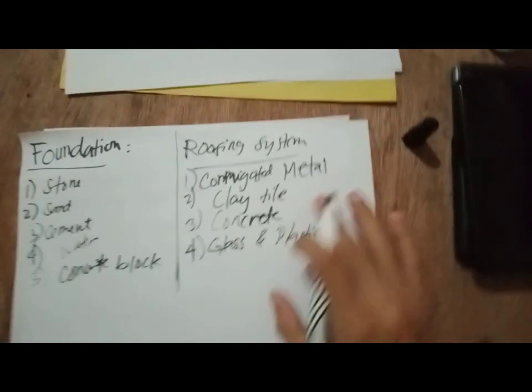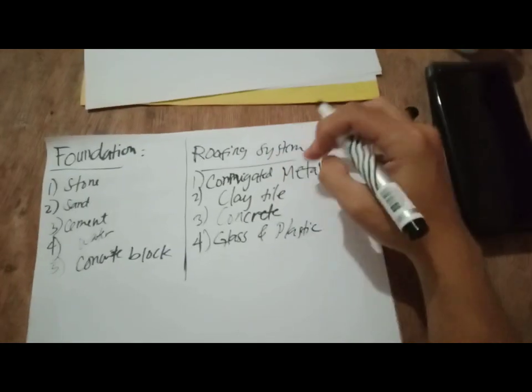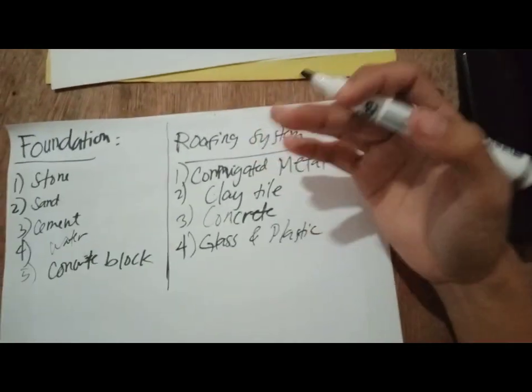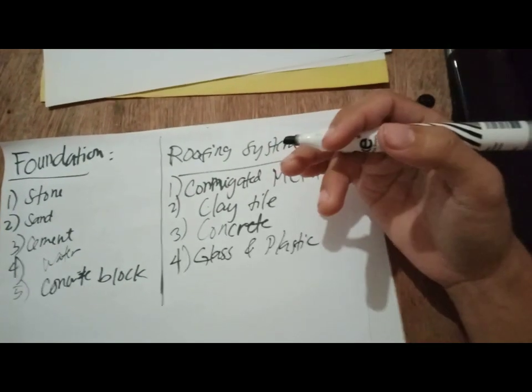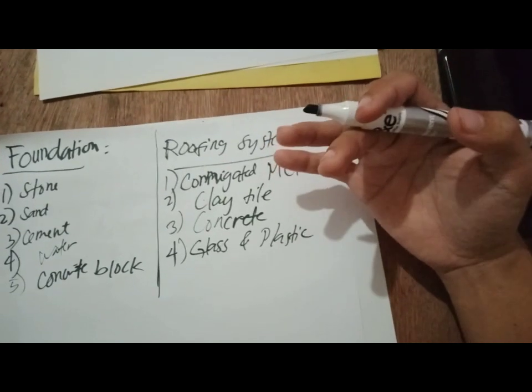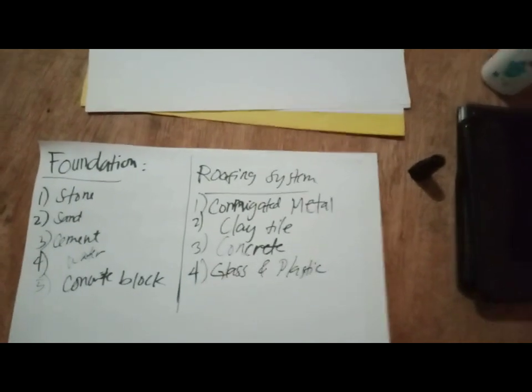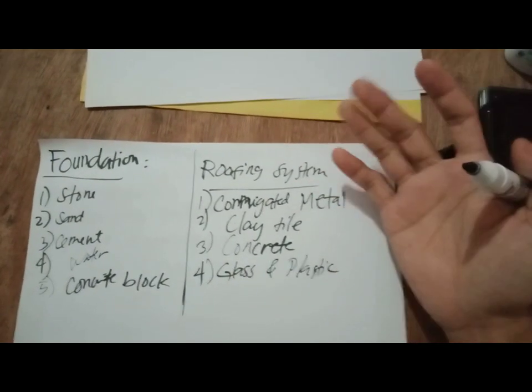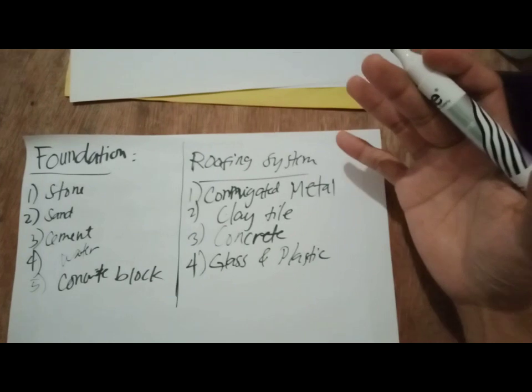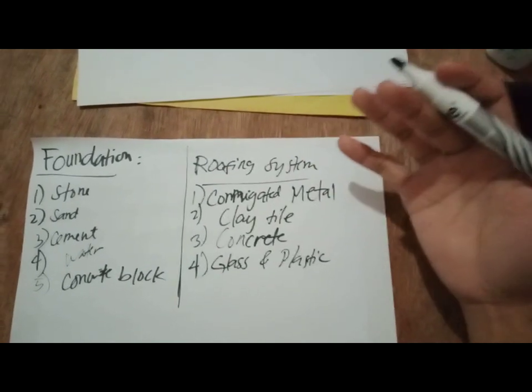So, corrugated metal and clay tiles. Actually, clay tiles also use the corrugated kind, because the main purpose is, we know that the roof of our building is exposed every day to the heat coming from the sun.